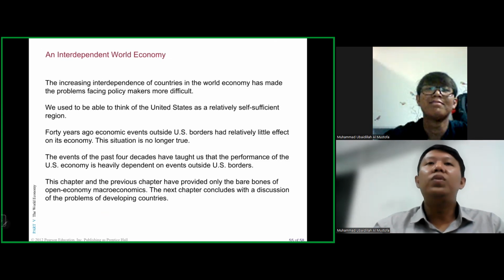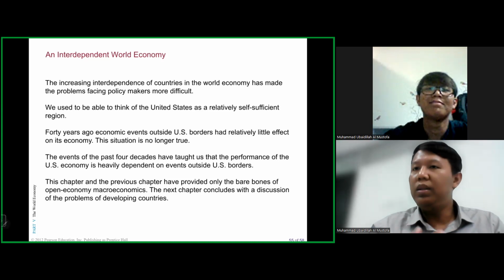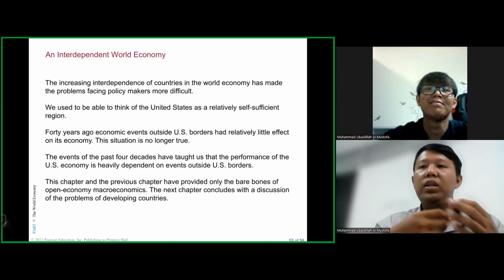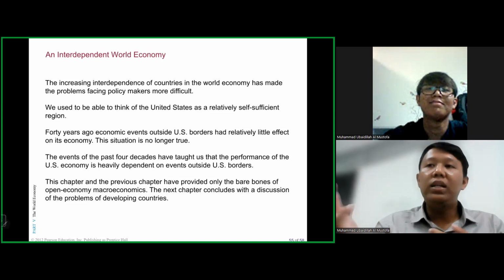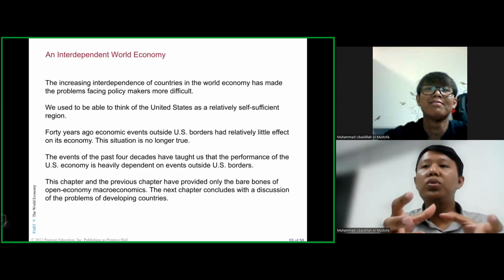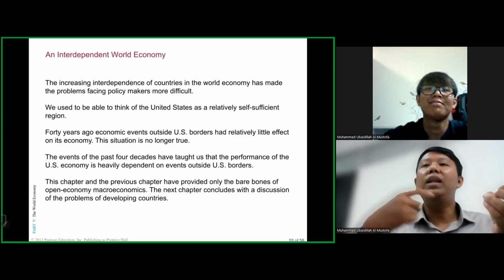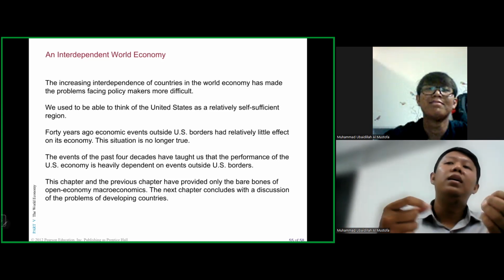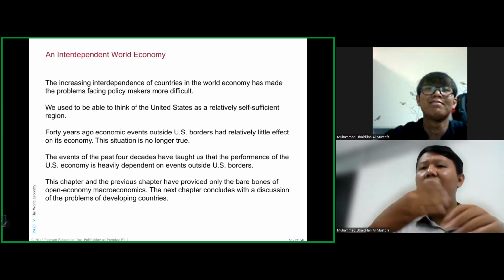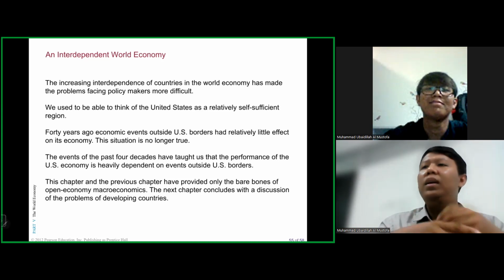Nobody can survive alone today, and countries need to do trade, need to exchange goods and services with other countries. If they want to achieve growth, they need to export their product to other countries, and other countries need to buy their product, and so on.